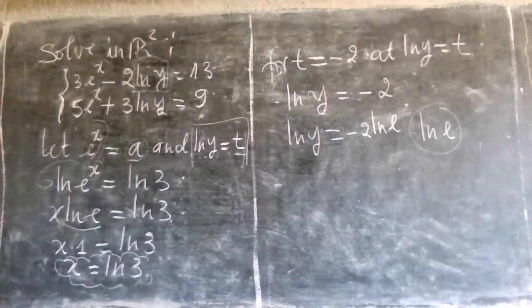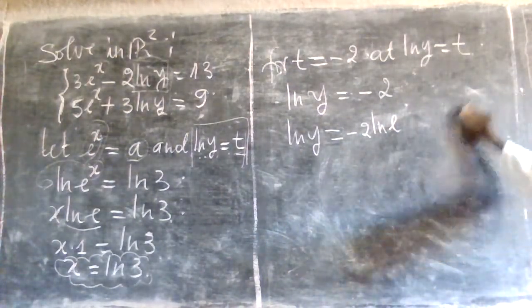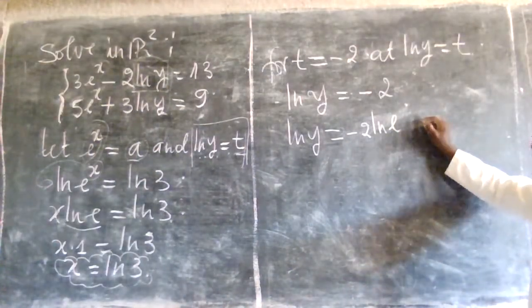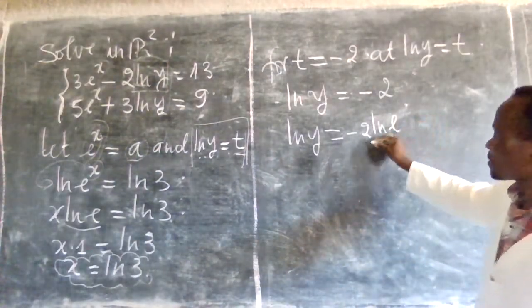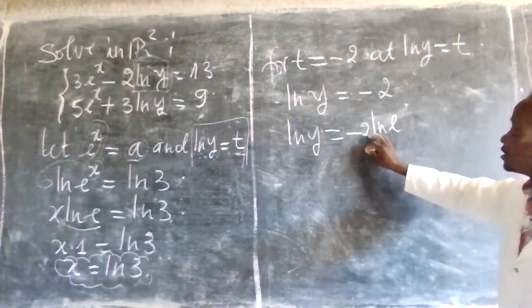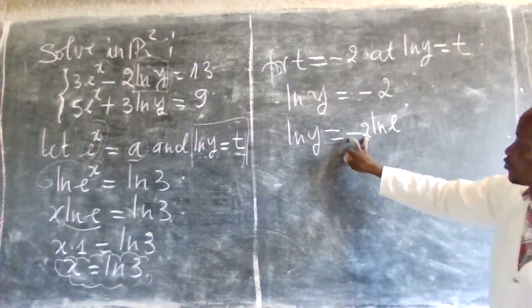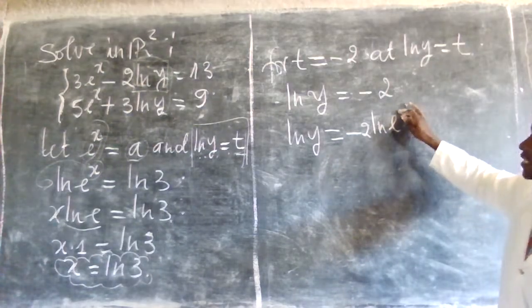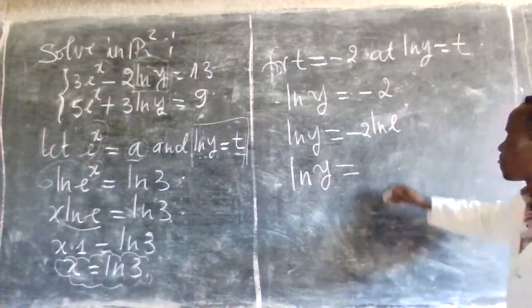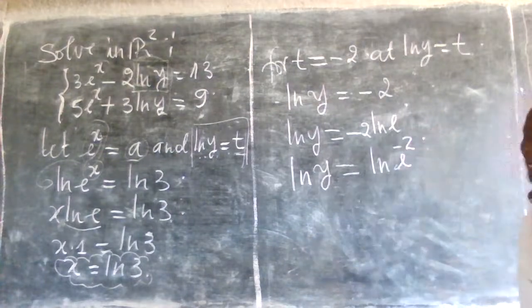Yes? Now, finally, what are we going to do? We need this minus 2 to be a power of this e. Now it is ln of y is equal to ln of e power minus 2.